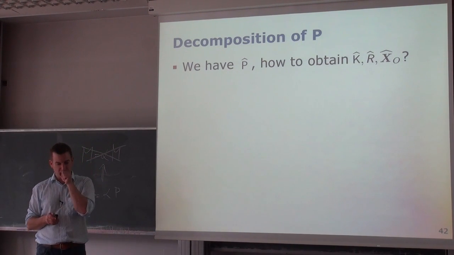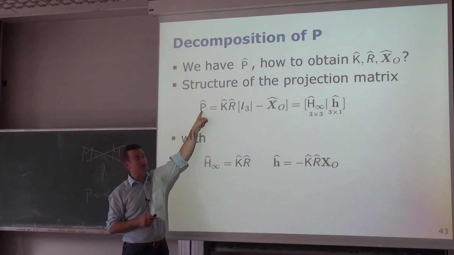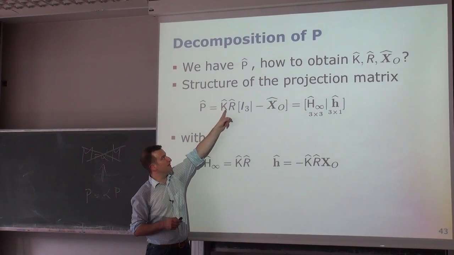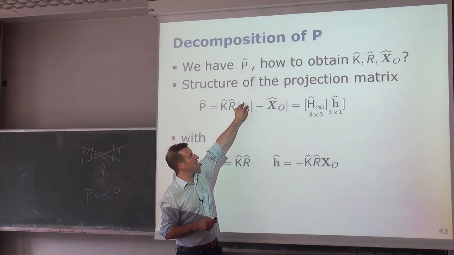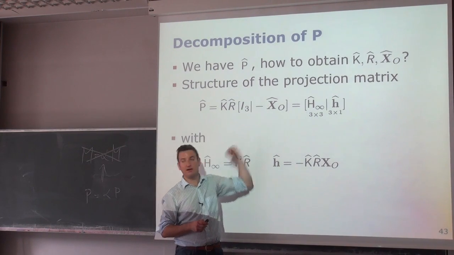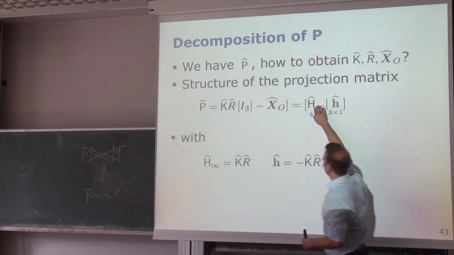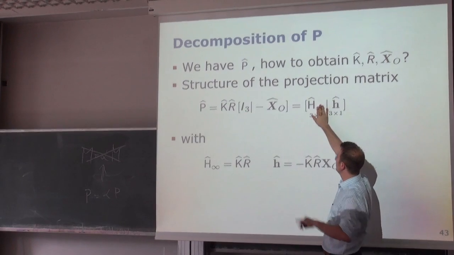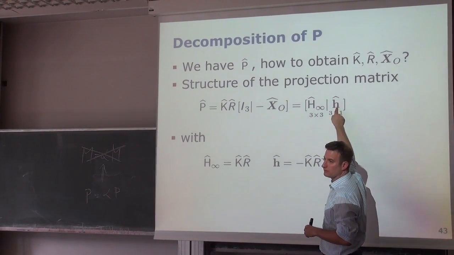Okay, how are we going to do that? Let's look at what our projection matrix looks like. So P is known, but not the individual elements. So it must be K multiplied with R, multiplied with this matrix. We have the identity matrix over here, 3 by 3, and then the translations over here. And we can actually write this P as some homography 3 by 3 matrix H, and a 3 by 1 vector.